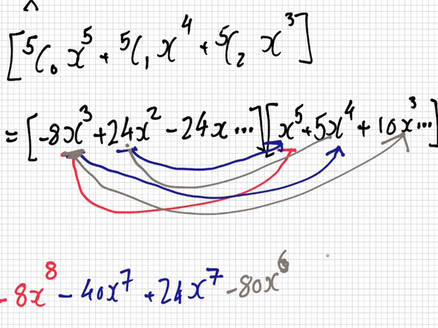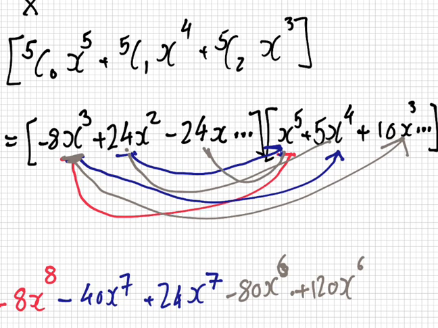Second with second, so that's 96? No, sorry, it's not. 120? Yeah, 120x^6. Anything else? The last one and the first one: minus 24x^6.